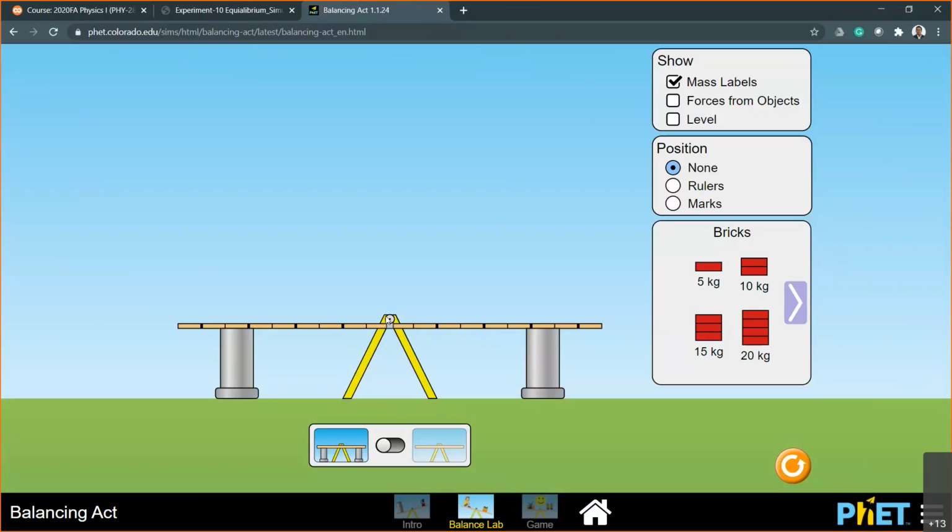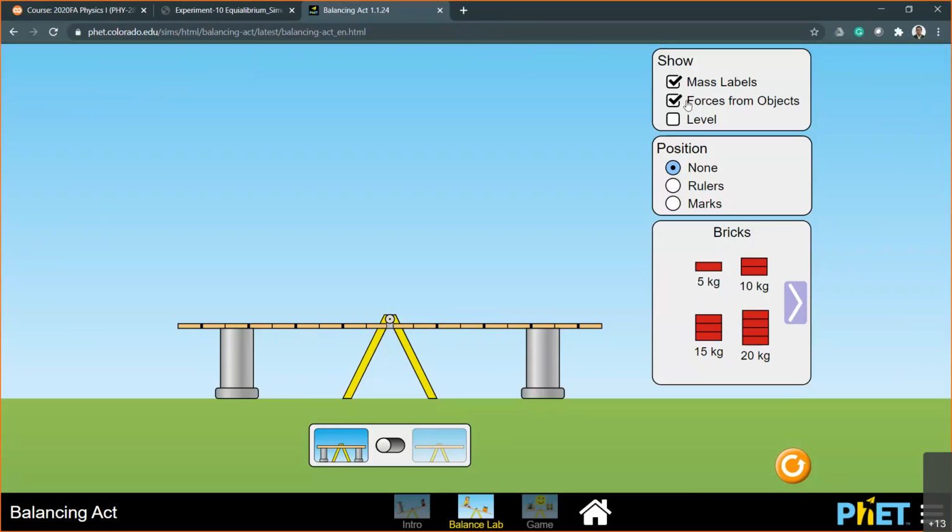On that page, you can see there's a yellow colored item right here. And then you can see right here another yellow color, 2 V-shaped icons. That V-shaped icon is what we generally call the fulcrum, which balances this horizontal line. Okay, the horizontal line is our meter rule. On your left hand side top, you will see different options. Mass labels, you can leave it there.